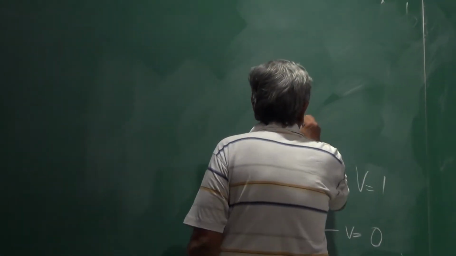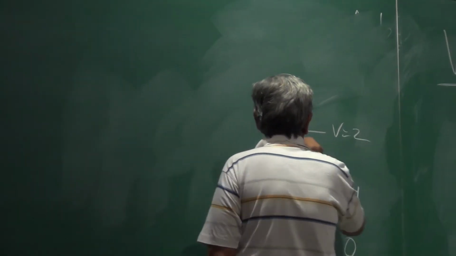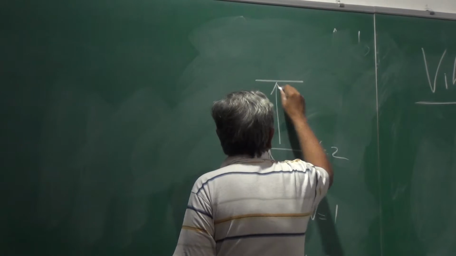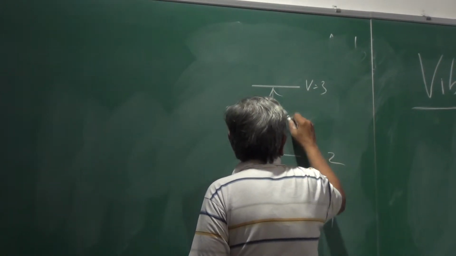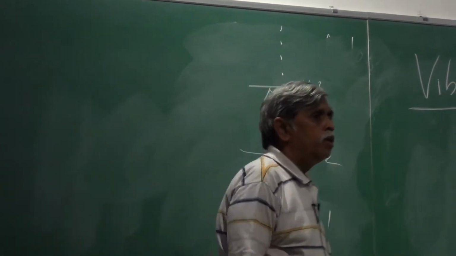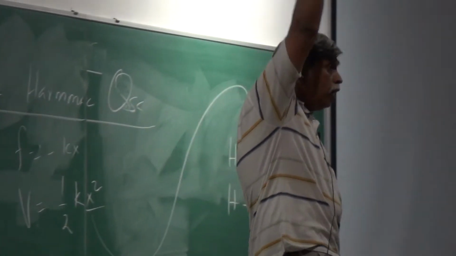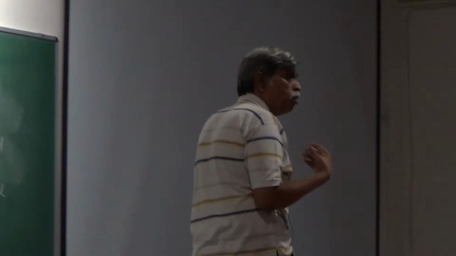What happens after that? Unlike the rotation problem in which the energy levels kept pulling away, in the case of a harmonic oscillator problem, the energy levels are actually equally spaced. All these levels are going to be equally spaced.